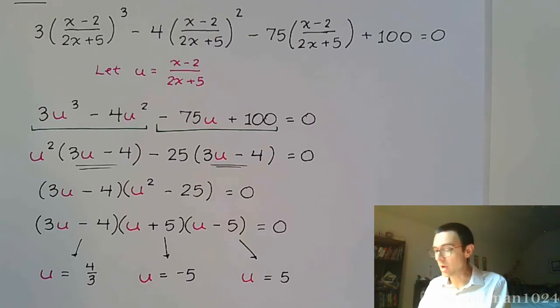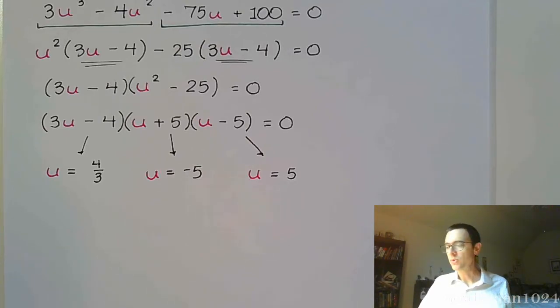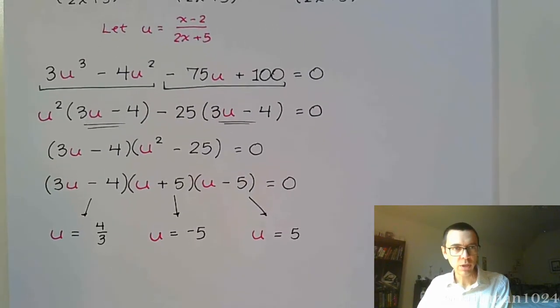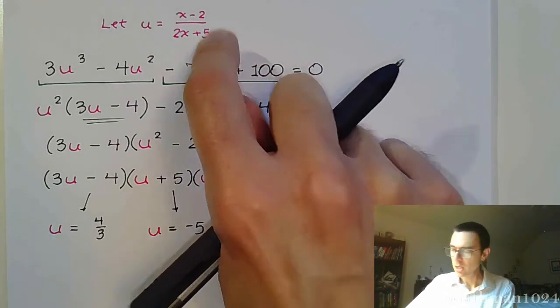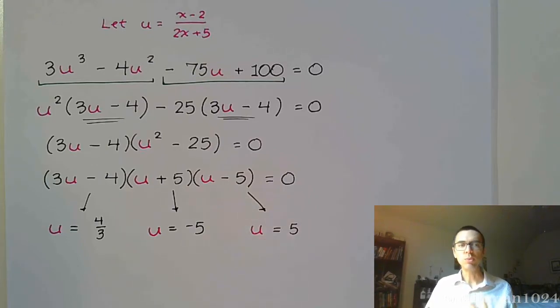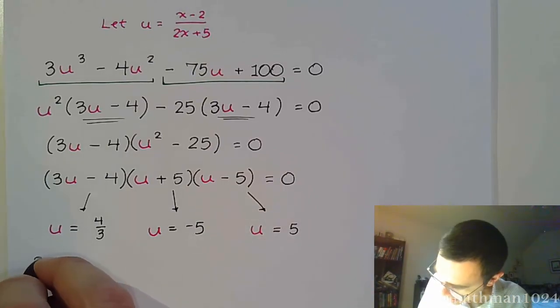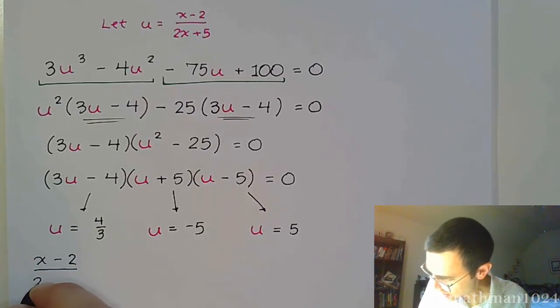So we have three different pieces we have to consider. And now we go back to what u was representing. So if you look above, u was representing this fraction right here. So for each of these three pieces, each of those u's will be rewritten with x minus 2 over 2x plus 5.